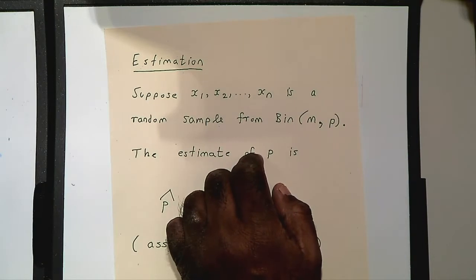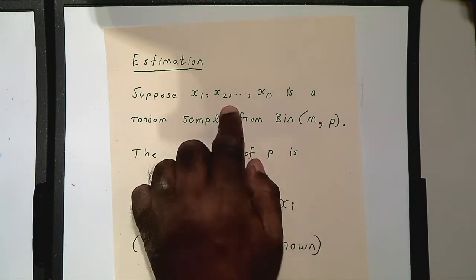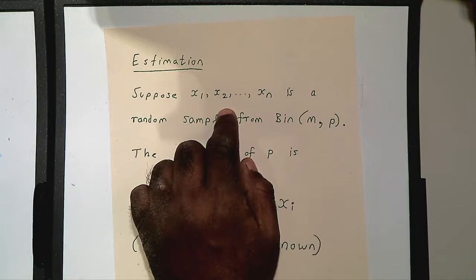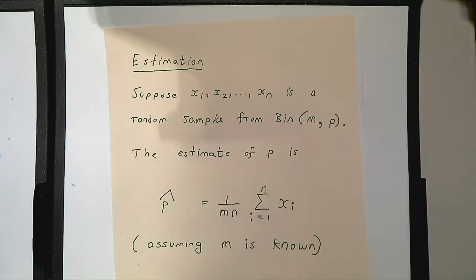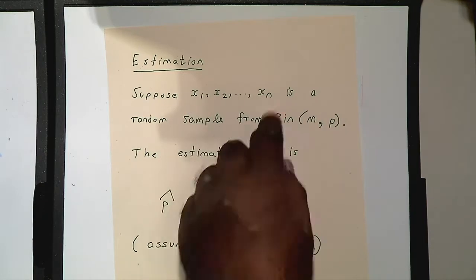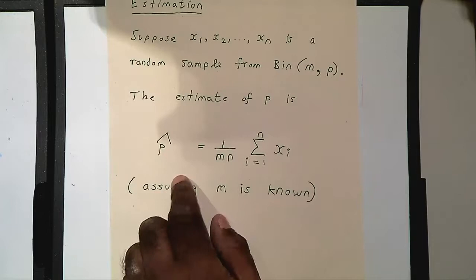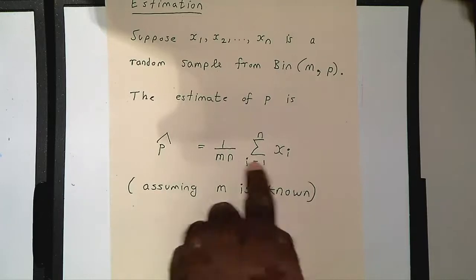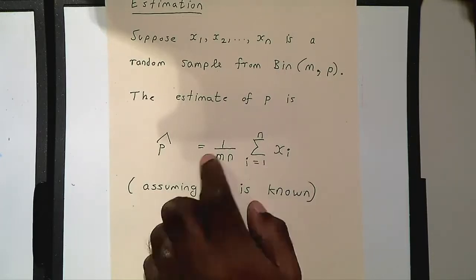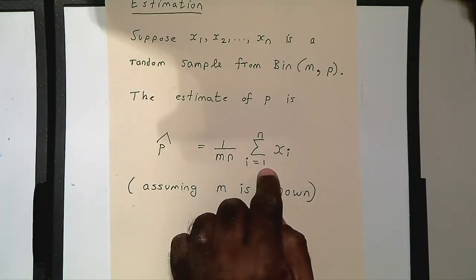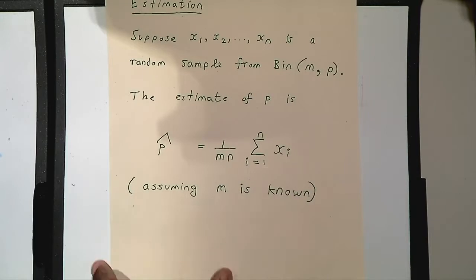You toss a coin 10 times, so each of these numbers could be anything between 0 and 10, representing the number of heads you get. You toss a coin 10 times and repeat that n times, right? And an estimate for p is given by this formula here. So 1 divided by m times n multiplied by sum of xi.